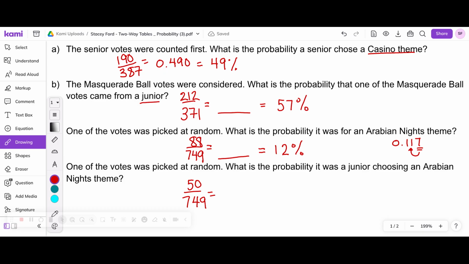And with this one, I'm going to write it down to 0.066. So we only need to write to the 3 numbers because we're only looking at those numbers. Since the 6 is bigger than 5, we're going to make that one go up, and you times it by 100. It should be 7%. So very small amount actually chose this.